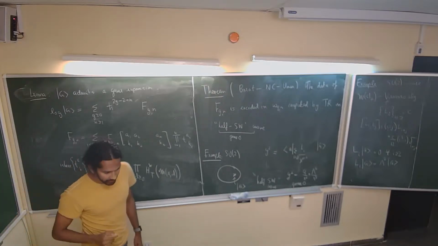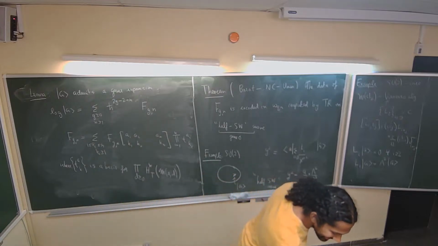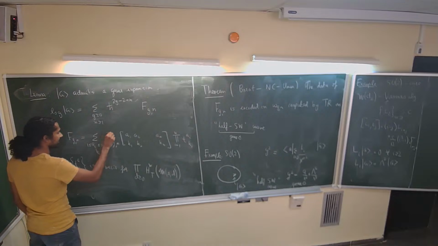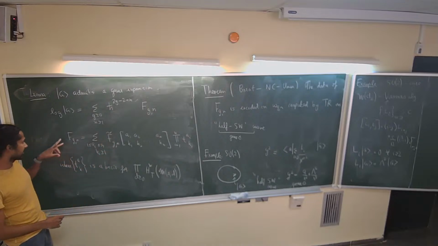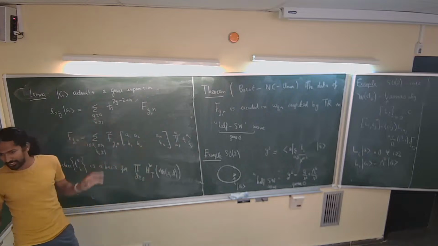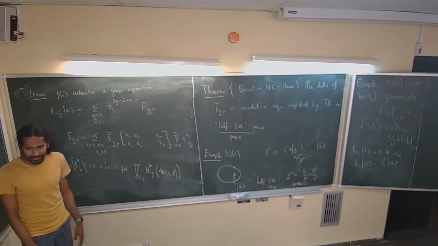Yeah, sorry, maybe this is bad notation. What I want to say is that I take the F_g^n and expand it in some bases for the cohomology, and these are just some coefficients. Yeah, sorry, that's bad notation.